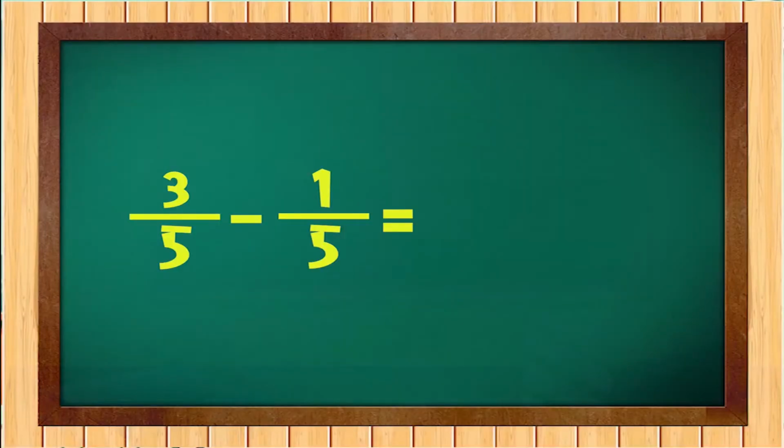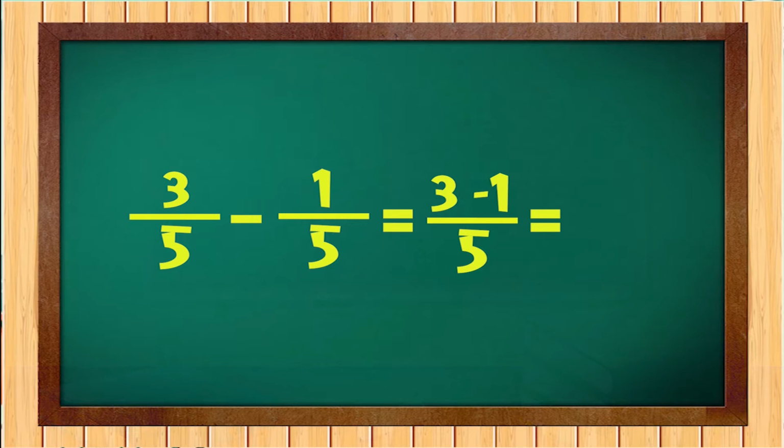3/5, take 1/5. Boys and girls, do you notice that both denominators are the same? So the only thing we will trouble is the numerators. In this case, the numerators are 3 and 1 respectively. So we write 3 take 1 over 5.